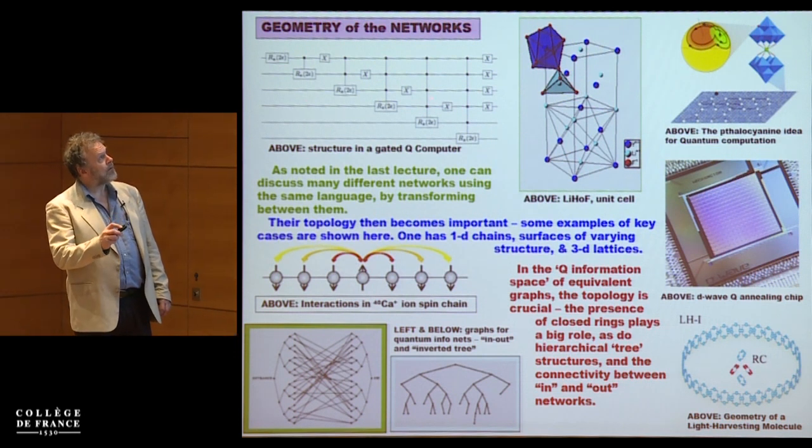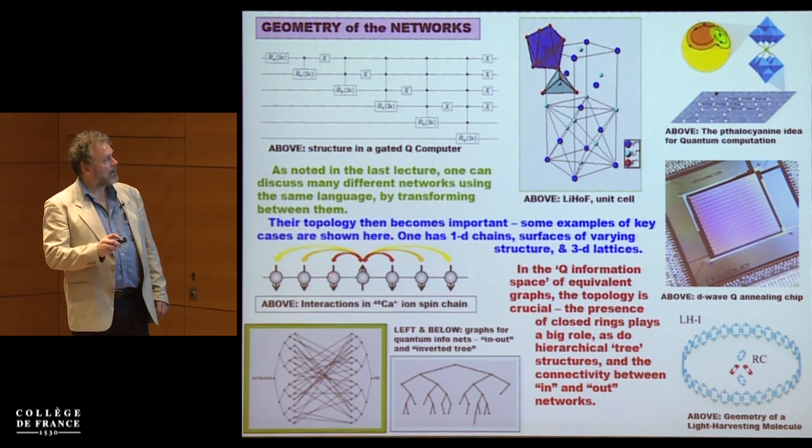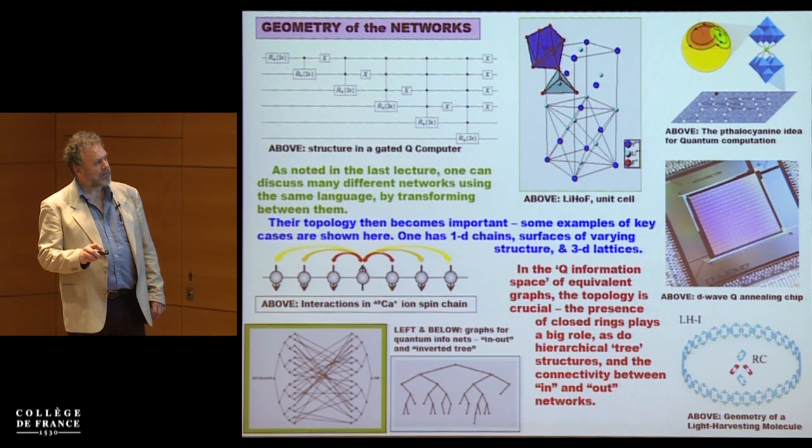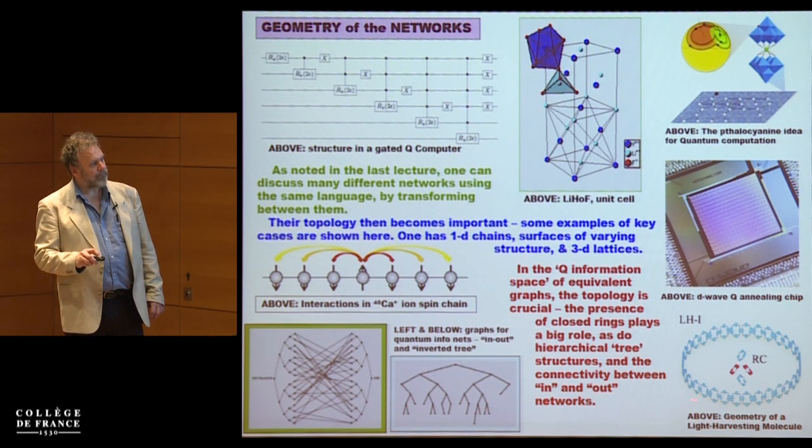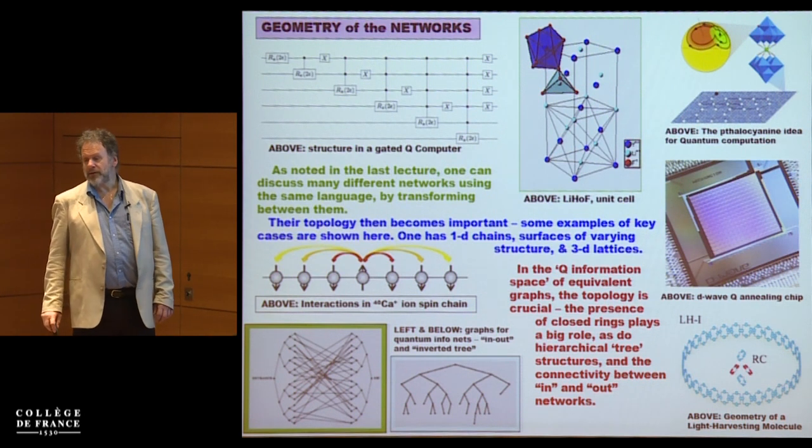Gated quantum computers. This is an example of a quantum Ising system. This is another example of a quantum Ising system, but now in one dimension. This is an example of a model which can be mapped to a quantum Ising system.